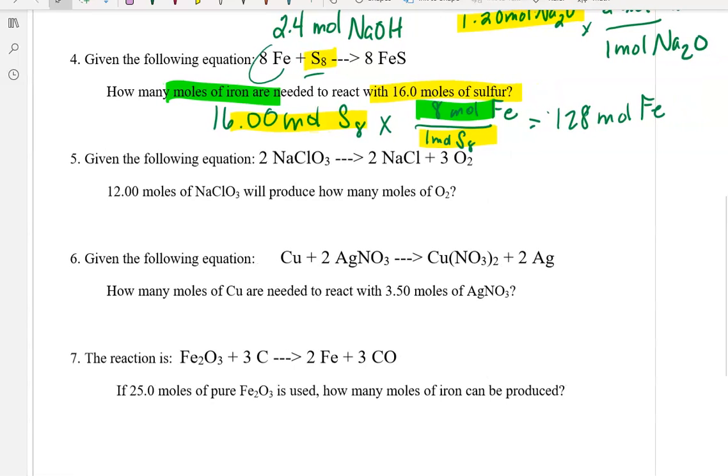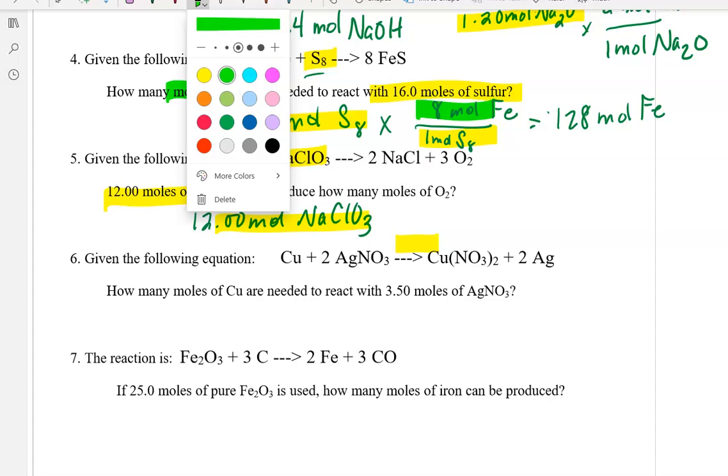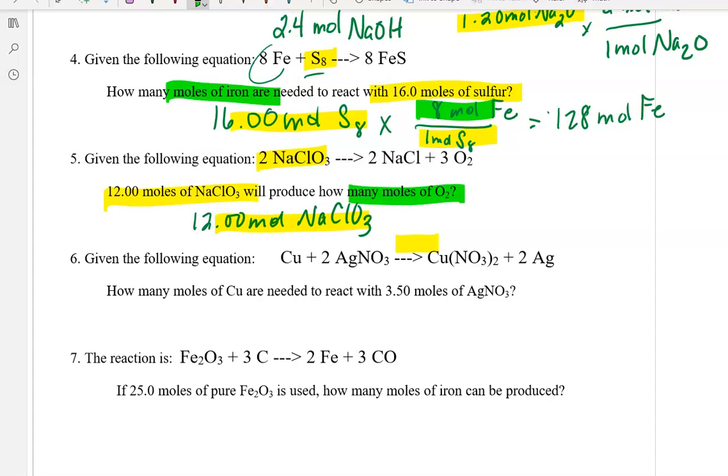All right, the next one. We've got 12 moles of sodium chlorate, and it's asking us to find moles of oxygen. So I start out with what I know.